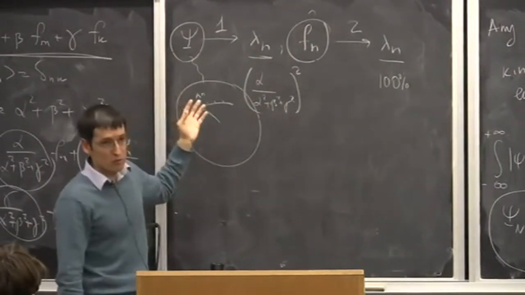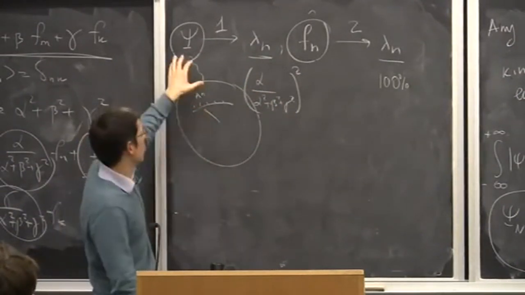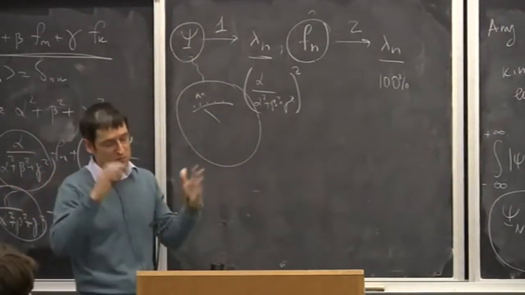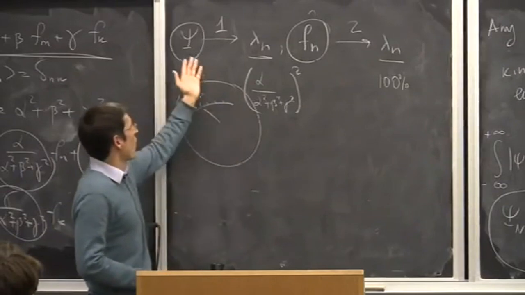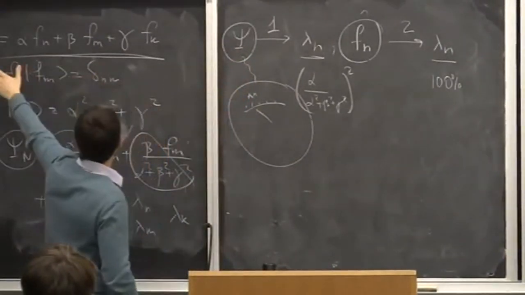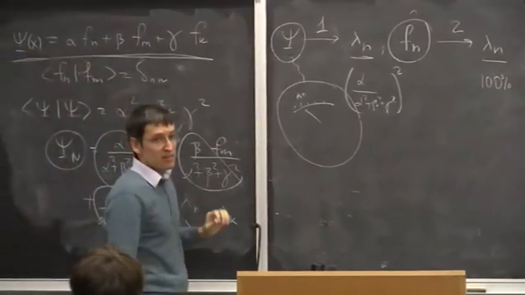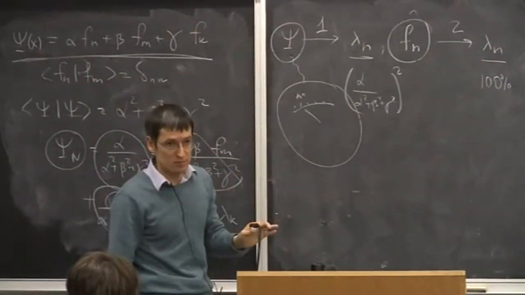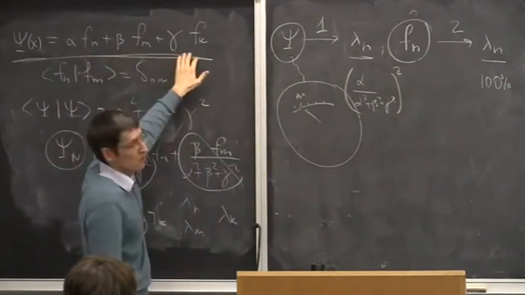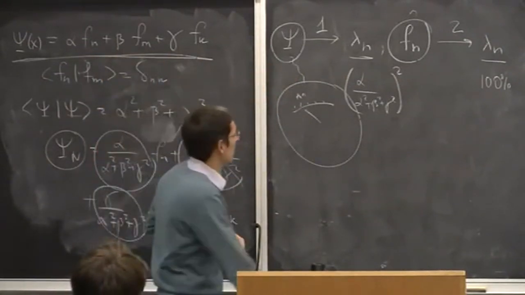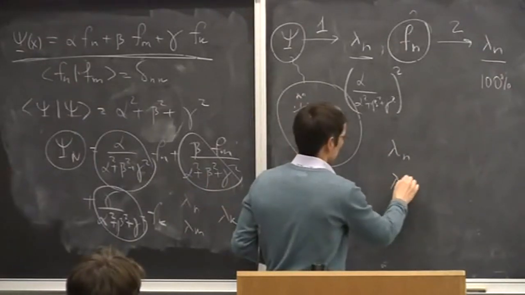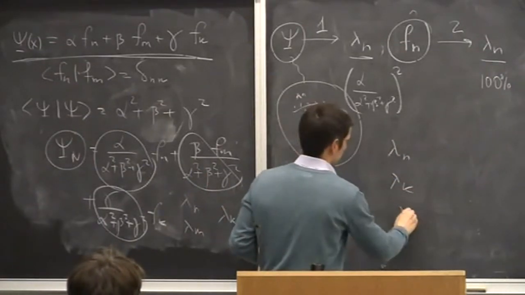The experimental setup would be creating a really large number, million, billion, of identical systems, all having the wave function psi, and start measuring the kinetic energy. There are only three possible outcomes in this case: lambda n, lambda k, and lambda m.